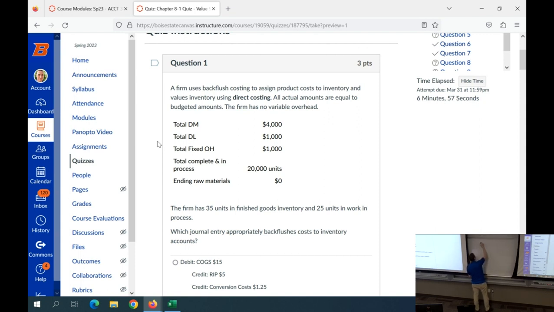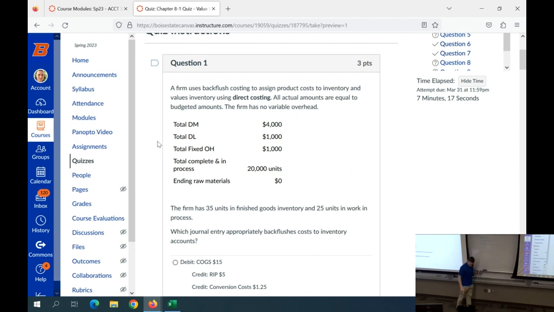So with our backflush questions, we have to answer, what is the timing? We have to answer, what is a product cost?